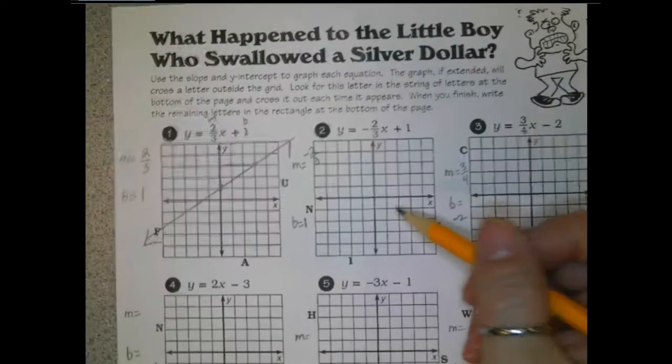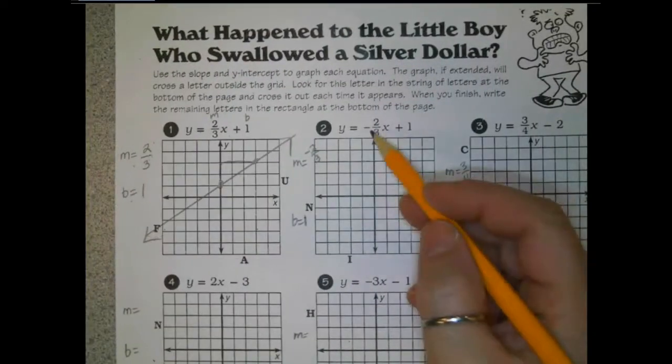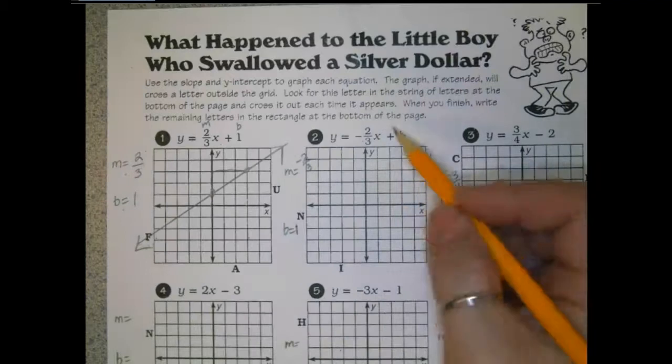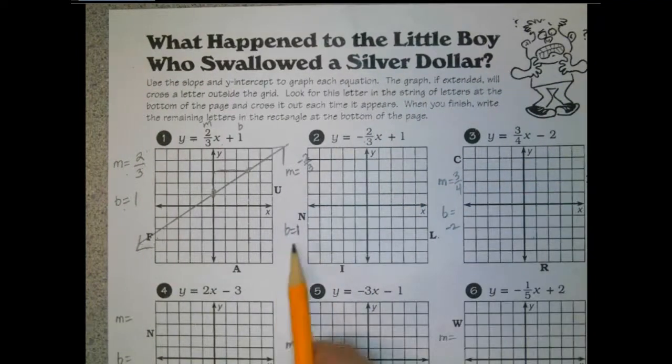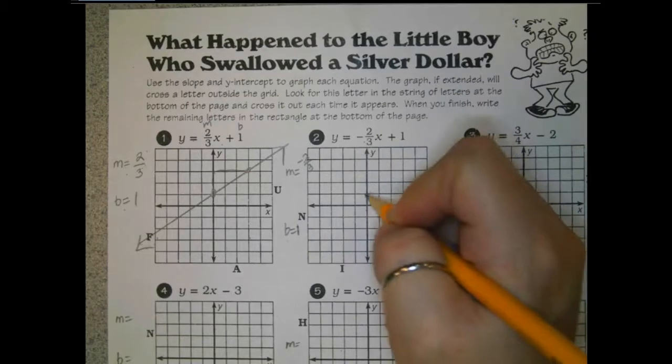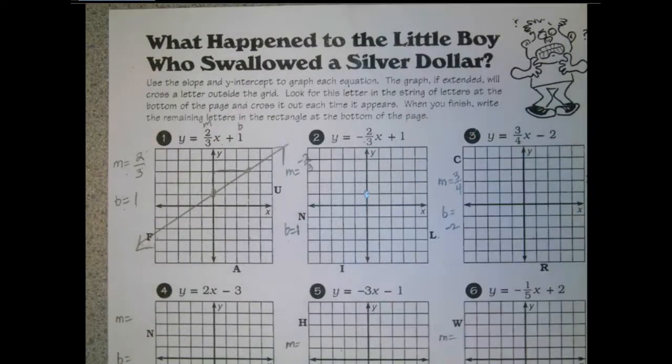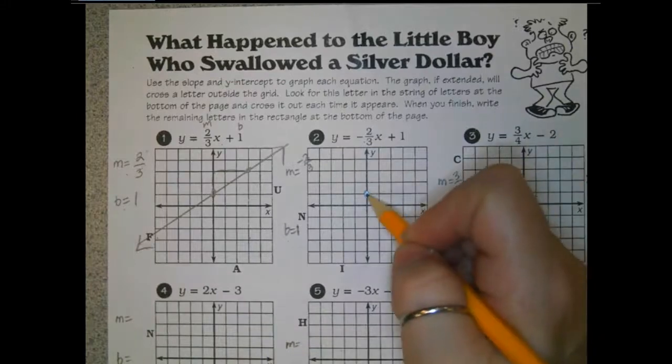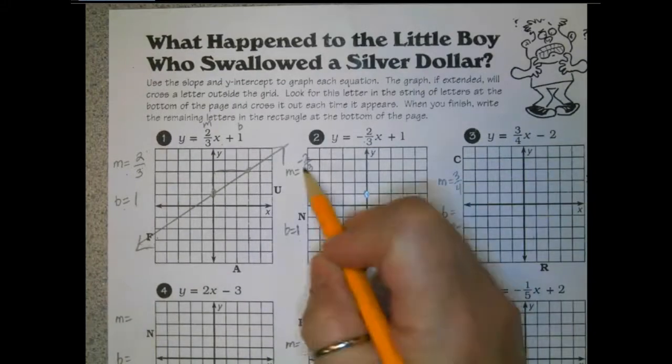Let's go ahead and graph number 2 because it is a negative. I want to make sure that you guys are graphing correctly. Okay, so what is my starting point going to be? What is my y-intercept? 1. So positive 1 on the y-axis is right there. Okay, so negative 2.